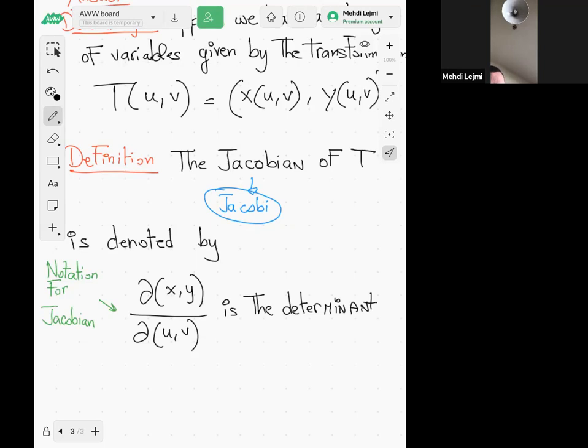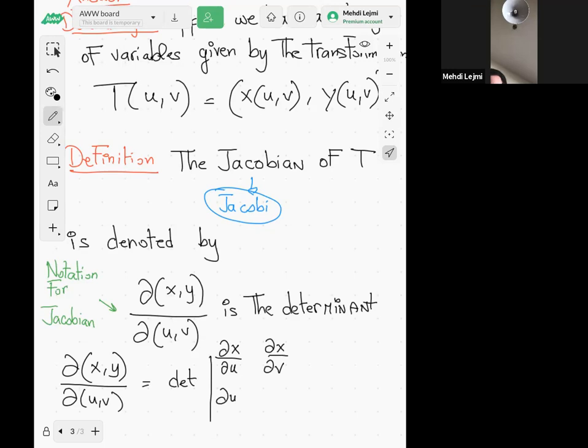Let me just write it down here for you. This partial x, y over partial u, v is the determinant of the derivative matrix. So it's the partial derivative of x with respect to u, then the partial derivative of x with respect to v in the first row. And in the second row, the partial derivative of y with respect to u and the partial derivative of y with respect to v.